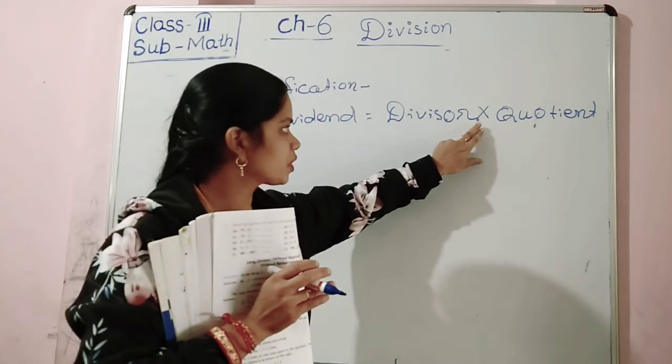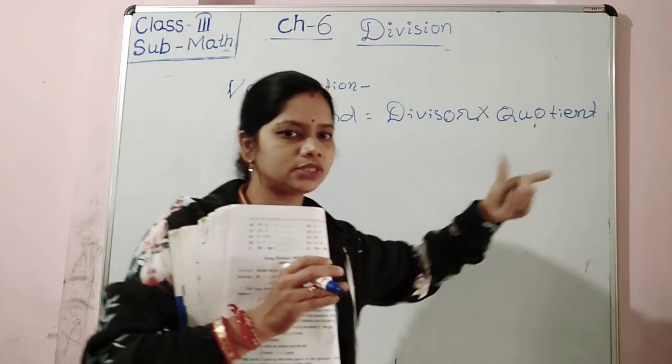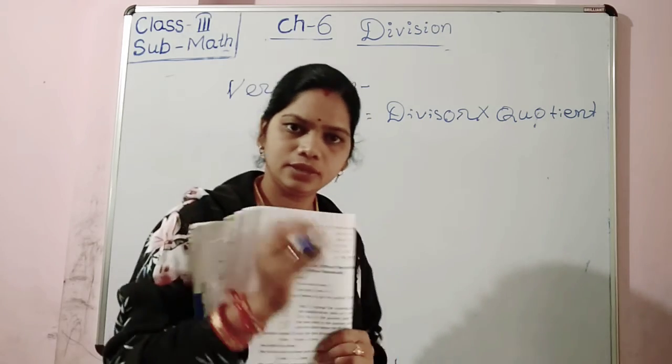When we multiply the divisor into the quotient and we get the same answer, then we know the division is right.